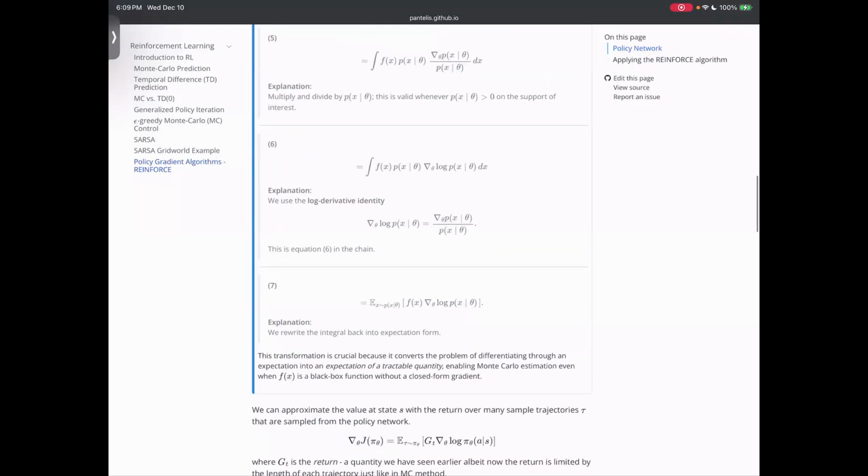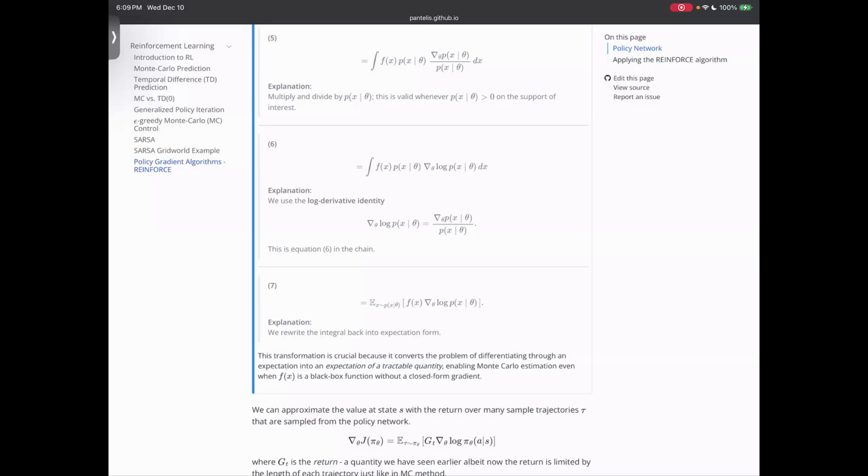So go through these steps. I think it's pretty straightforward. But bottom line, if you see equation 7, effectively with this transformation we are converting the problem of taking the gradient of an expectation into an expectation of a gradient.